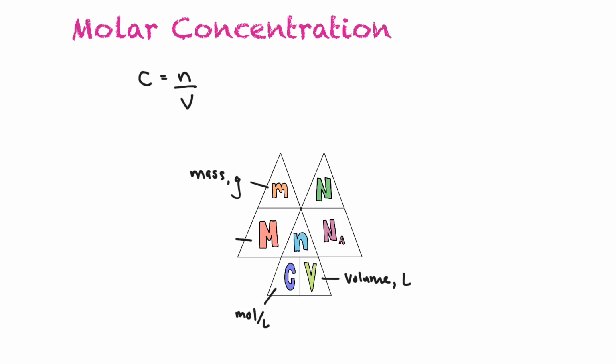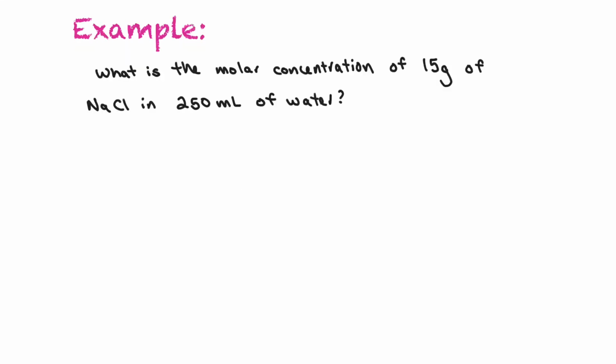This is molar mass, so grams per mole. We probably won't be using the other side of the Twin Peaks, but this is the number of particles, and this is Avogadro's number, which is 6.02 times 10 to the 23. Just be sure when you're performing these types of calculations that you're using the correct units at all times.